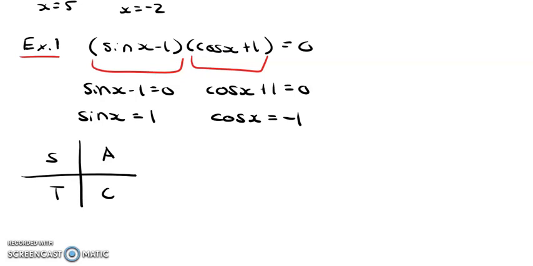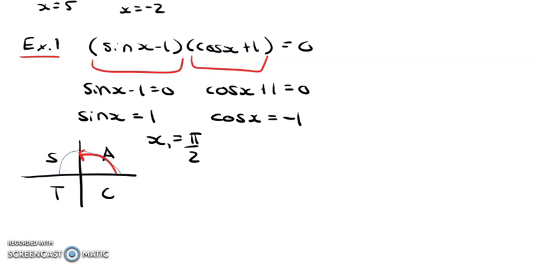So, sine x equals 1 when we have a 90-degree angle, right? Or pi over 2. So we would say that x1 equals pi over 2. And then if we're looking at cosine of x, where does it equal negative 1? Well, cosine of x equals negative 1 at pi.